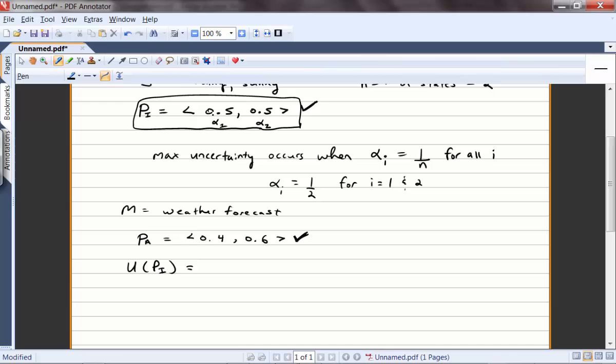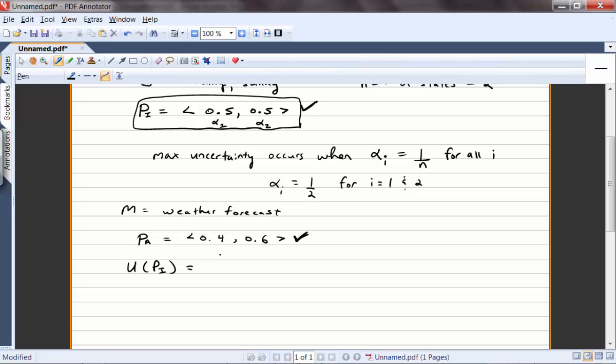It's not that we feel the weather will be rainy tomorrow with a 50% chance, but we're 40% certain about that probability and 60% not certain. It's not like that. We're not calculating the uncertainty in the probabilities. We're calculating the uncertainty regarding which state the weather will be in tomorrow. And it's a function of the probabilities. So that's why we write it in this way. But we're not uncertain in these probabilities.